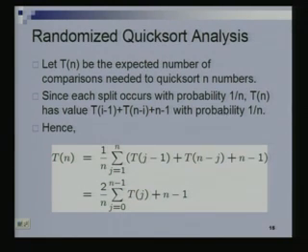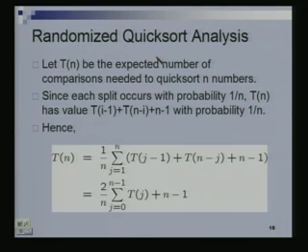Because you can think of the partition process as every number being compared once against the pivot, and then all those that are less than the pivot are put on one side, all those that are more than the pivot are put on the other side. So we always require n minus 1 comparisons. Every number has to be compared against the pivot, because otherwise we will not be able to decide whether it goes on the left side or the right side. So this is the part which is the partition.